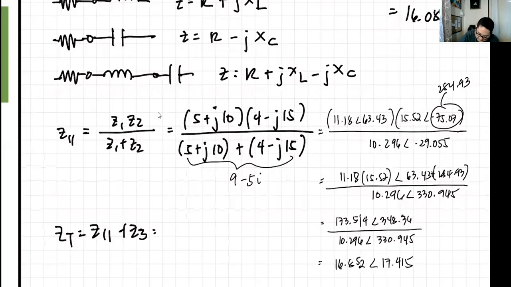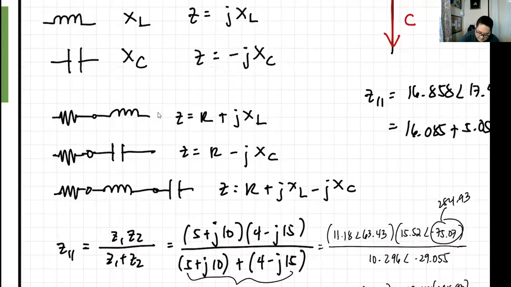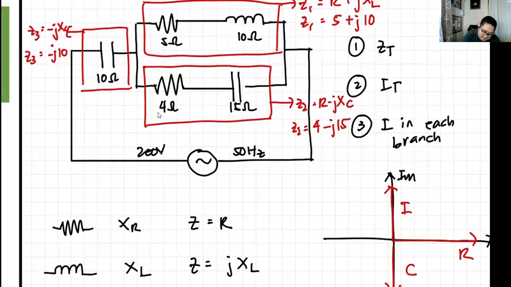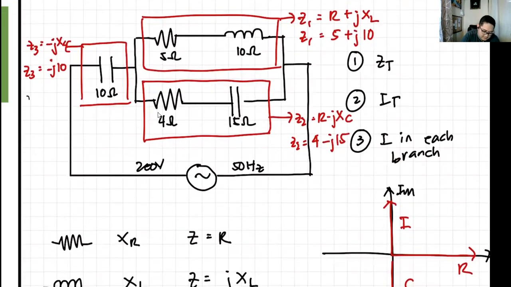That is 16.852 angle of 17.415 plus yung ano natin is naka j pa siya. So equivalent polar nito is negative 10i.